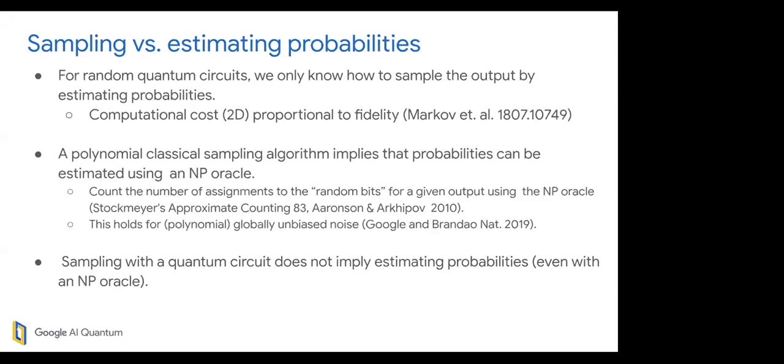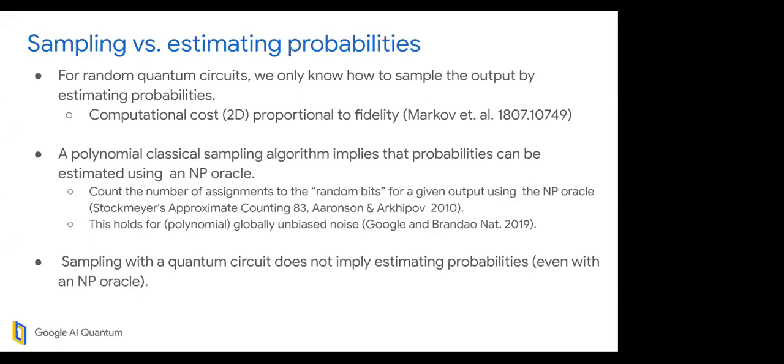The difference is that if you're sampling with an efficient classical algorithm, then your sampling is a probabilistic algorithm, but you have random bits somewhere in the algorithm. And because you have random bits somewhere in the algorithm, you can use that to estimate the probability. So even if the classical sampling algorithm is not giving you an estimate of the probabilities per se, it has random bits, and with an empirical, that allows you to estimate the probability.